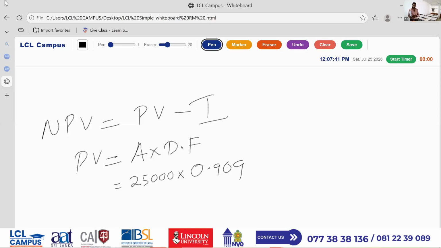Quickly take, if you have that present value table, download quick. Present value table. Is there one somewhere? No. Take, download present value table.